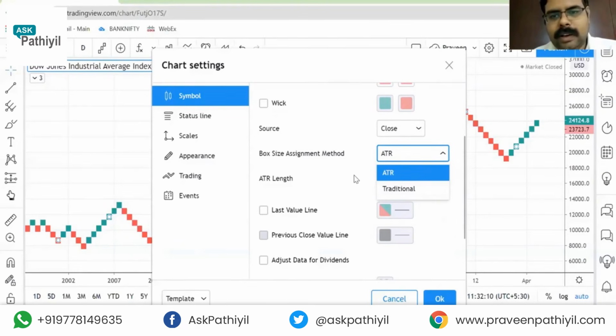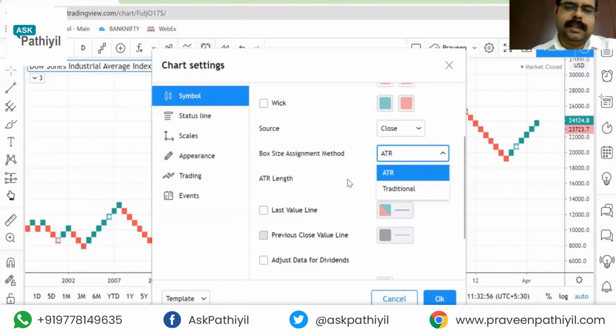The Japanese traders who introduced and used it in the 19th century used only the traditional method, which means you need to define the box size yourself. ATR, the average true range, was introduced only in the late 1970s. So you can understand that ATR was not conventionally used in the original methodology of Renko charting. Traditionally, the box size has to be defined by us.